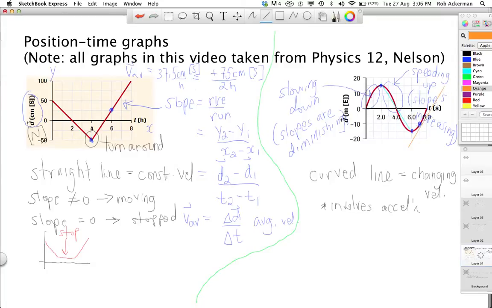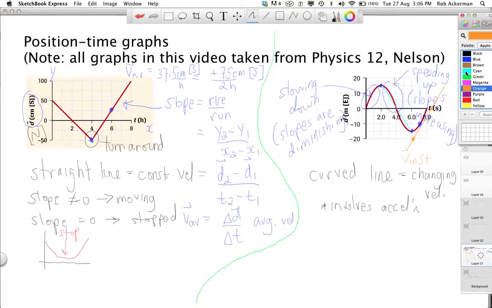This tangent line touches the graph in one spot at the 7-second mark, and therefore it tells me what the slope is like at that moment. Now if I calculate the slope of this line by picking any 2 points on the line and doing rise over run, that'll give me what's called an instantaneous velocity, and that is coming from a tangent slope.